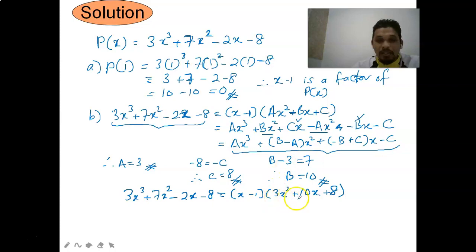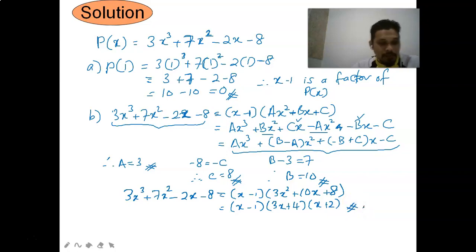You may use the calculator, or just think of how you're going to factorize this using factorization or the formula. I give you the answers here: x minus 1, then the next linear factors are 3x plus 4 and x plus 2.